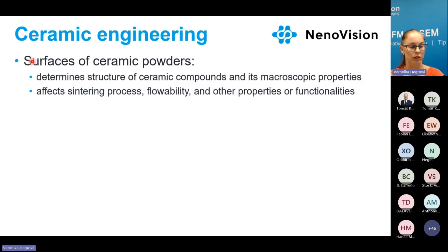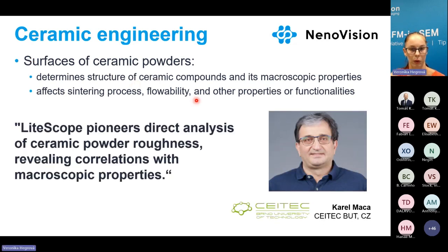And so it's clear that the surface of a ceramic powder determines the structure of the ceramic compound and immediately influences the macroscopic properties. It also affects the production process, which means the sintering process, flowability, and other properties and functionalities.